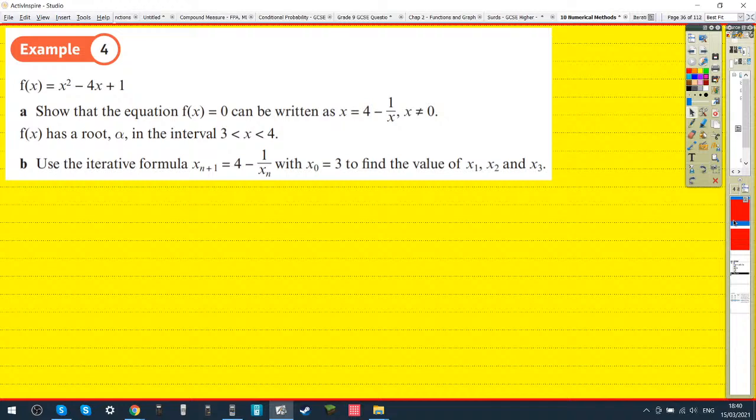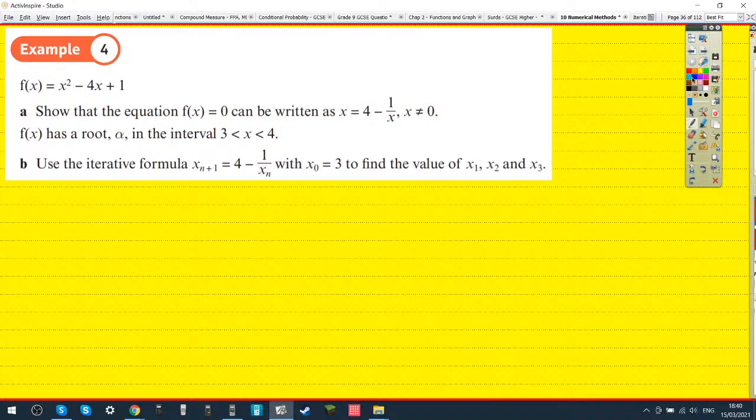Do I need to make that equation equal to 0? Sorry, do I need to make x squared minus 4x plus 1 equals 0? Yep. And then solve to get x, make x the subject and get 4 minus 1 over x. How would you go about that?